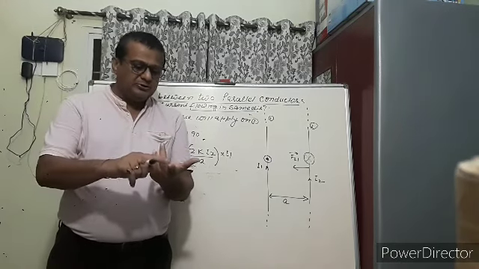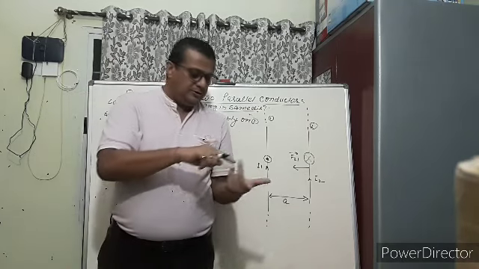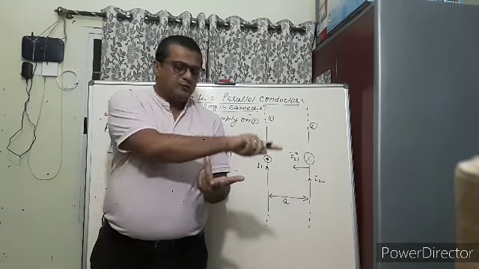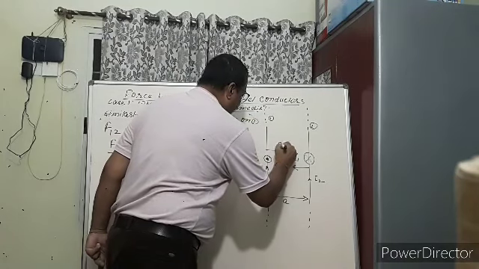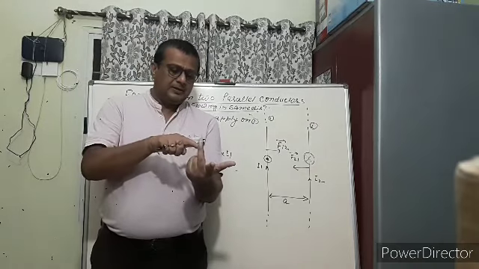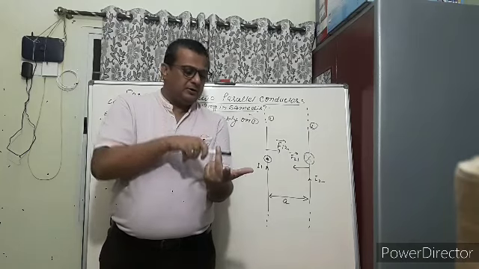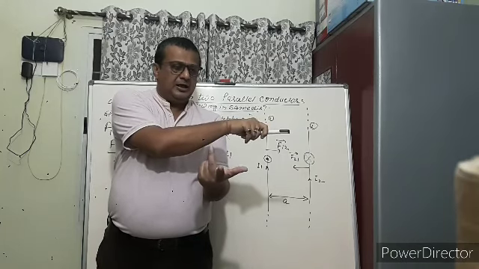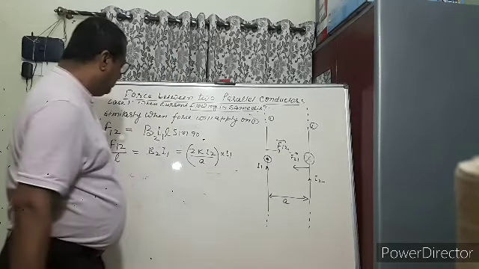This is the direction of magnetic field, outward, and current is going up, so force is acting along this direction. Once more, the current is going up, the magnetic field is outward, then force is acting towards I2, so this is the direction of F12.